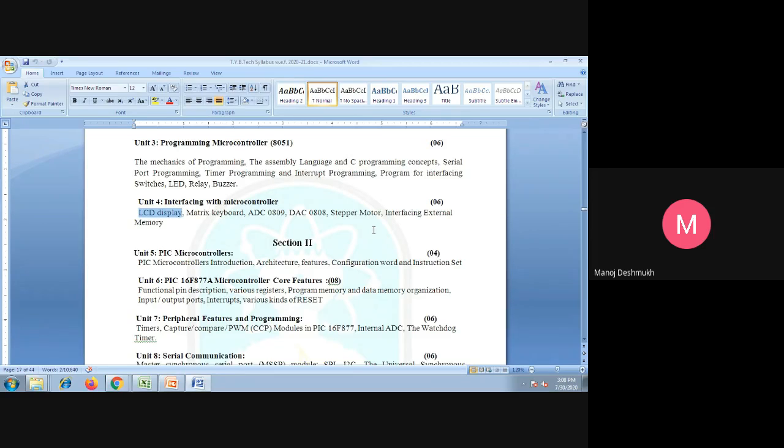Full stop. These devices may be input devices or output devices. Write it fast. So this is related to the title of the chapter.